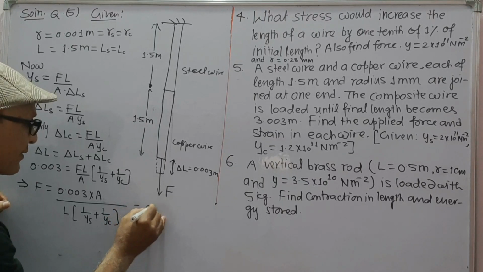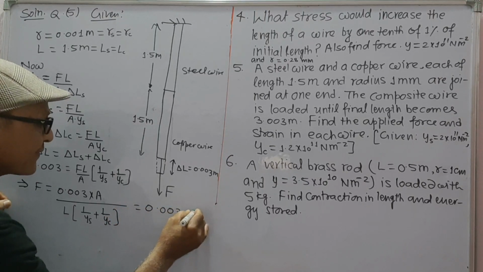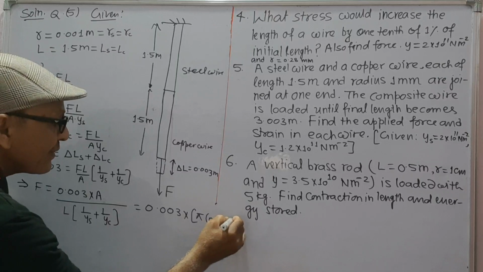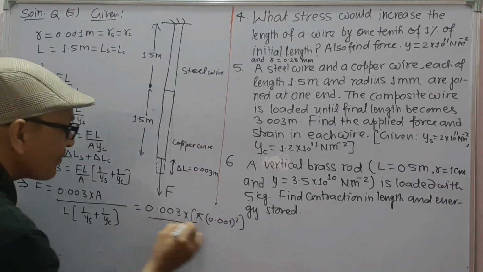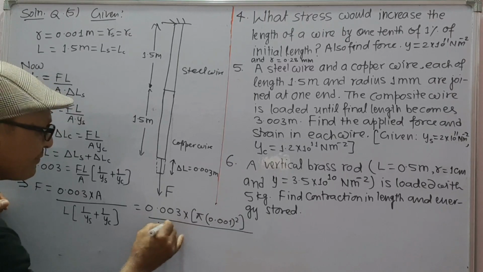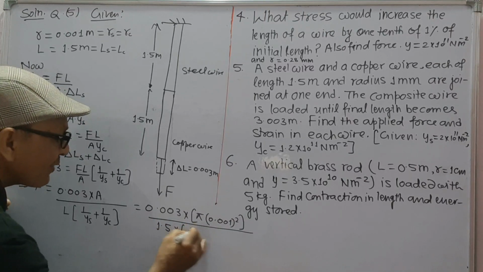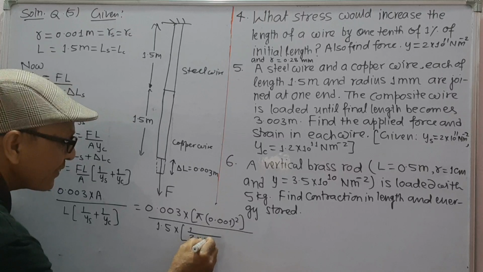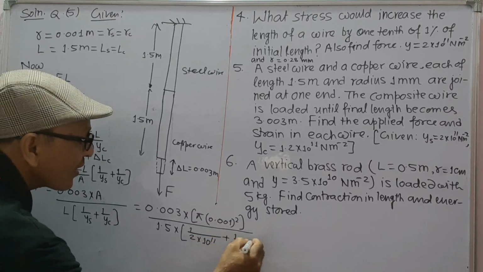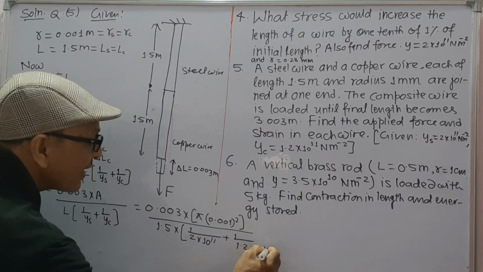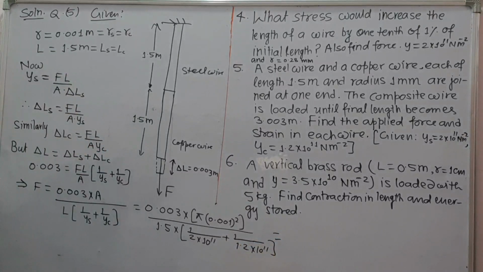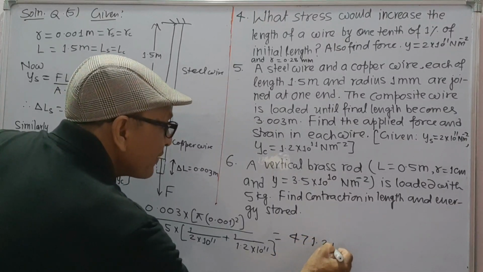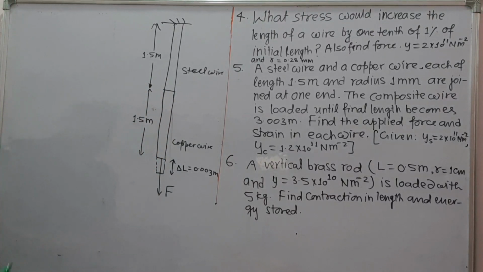Where this is 0.003, A is pi into 0.001 square, L is 1.5, length of each wire, and 1 upon 2 into 10 to power 11 plus 1 upon 1.2 into 10 to power 11, which gives 471.2 Newton.